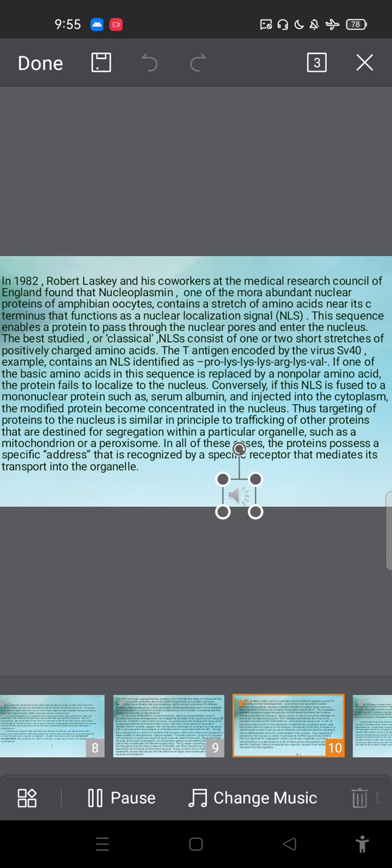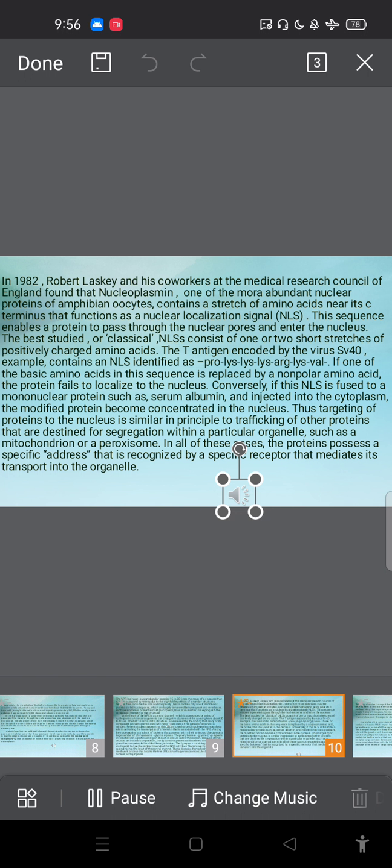In 1982, Robert Laskey and his co-workers at the Medical Research Council of England found that nucleoplasmin, one of the more abundant nuclear proteins of amphibian oocytes, contains a stretch of amino acids near its C terminus that functions as a nuclear localization signal, NLS.